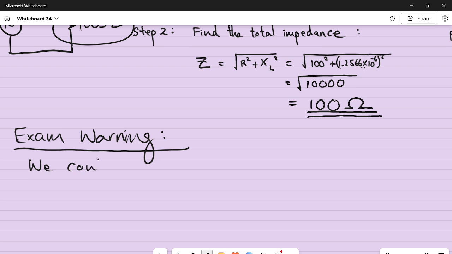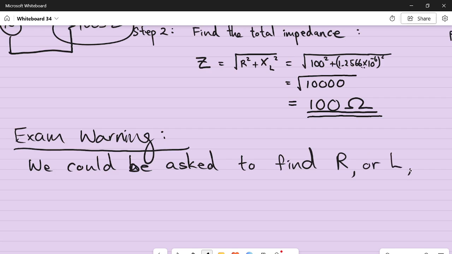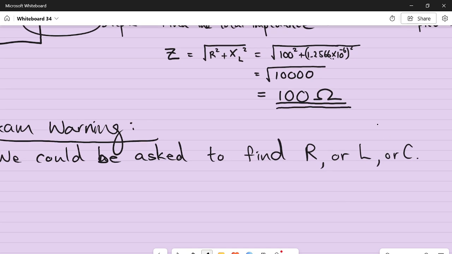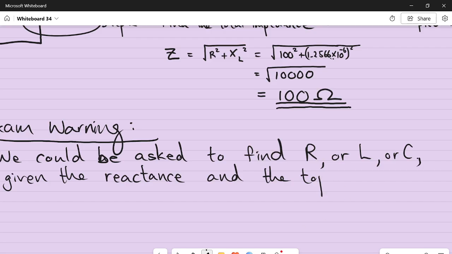We could be asked to find R or L or C. You'll be asked to find any one of those, and then given the reactance and the total impedance.